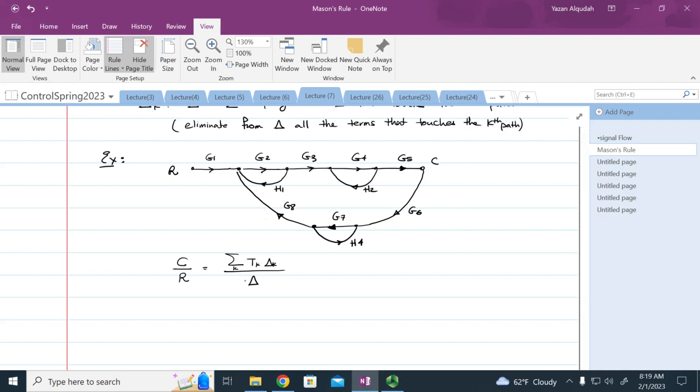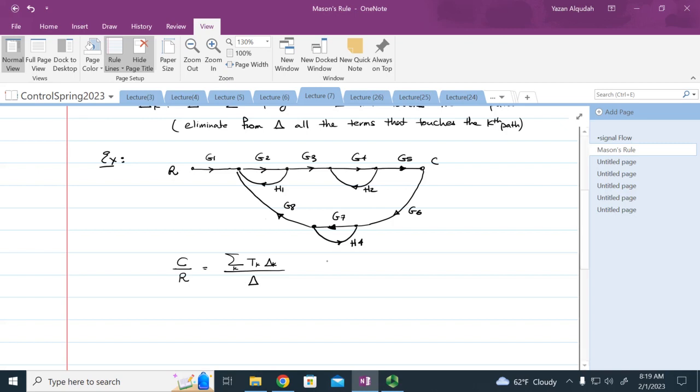So the first thing is, what is the value of K? The number of forward paths. How many forward paths do we have between the input and the output? Just one. See it?